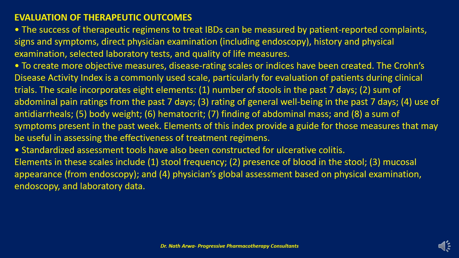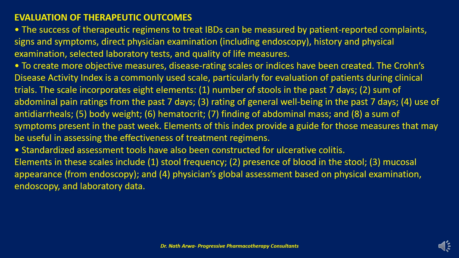The scale incorporates 8 elements, namely: 1. Number of stools in the past 7 days. 2. Sum of abdominal pain ratings from the past 7 days. 3. Rating of general well-being in the past 7 days. 4. Use of antidiarrheals. 5. Body weight. 6.